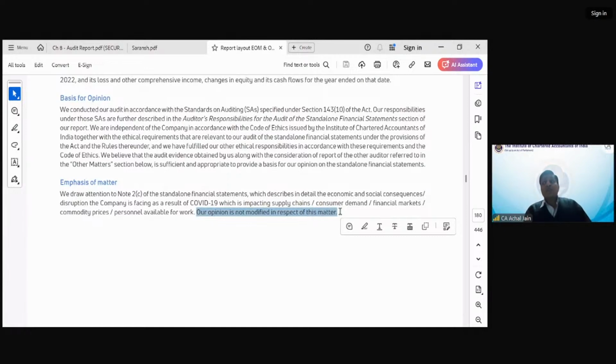Yeah. So now the user will feel comfortable. Now he will feel all right. He'll say, okay, so that means it's not a problem. There's something important I need to know. But as far as opinion is concerned, financial statements are concerned, they are not misstated. They are not misstated. Clear? Everyone clear on this? Yeah?